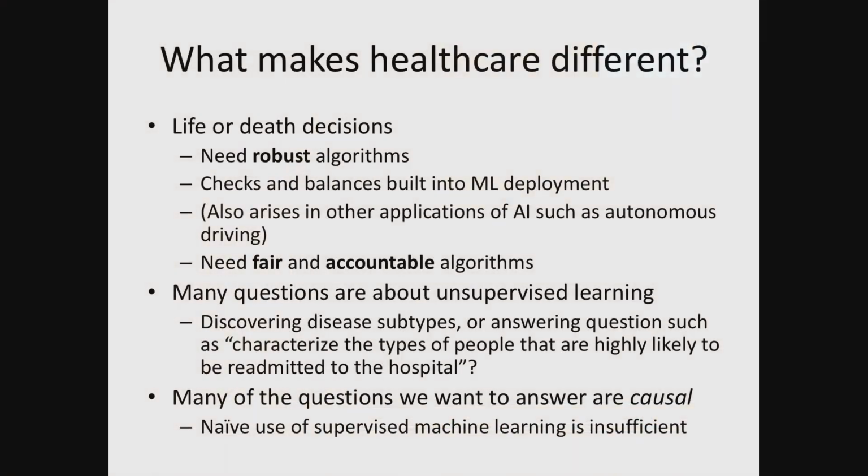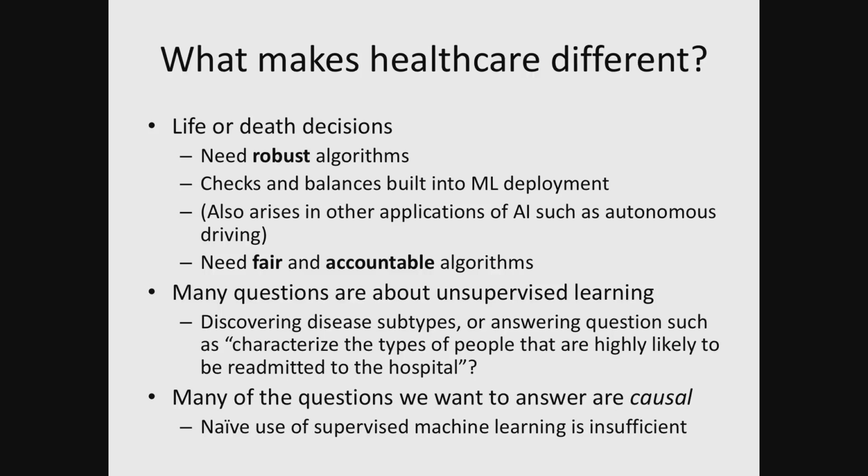Now, I mentioned earlier that many of the questions that we need to study in this field don't have good labeled data. In cases where we know what we want to predict, it's a supervised prediction problem, often we just don't have labels for that thing we want to predict. But in many situations, we're not interested in just predicting something, we're interested in discovery. So for example, when I talk about disease subtyping or disease progression, it's much harder to quantify what you're looking for.